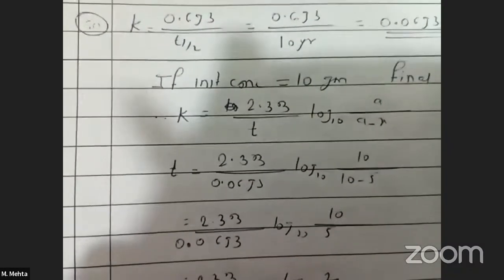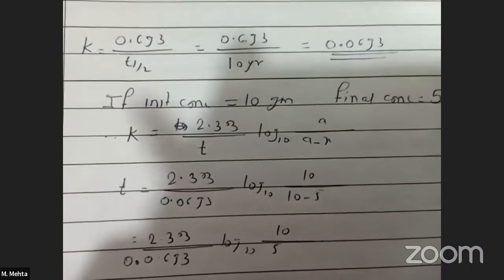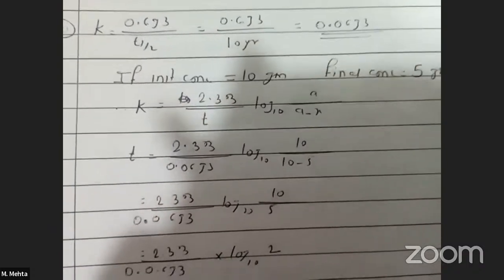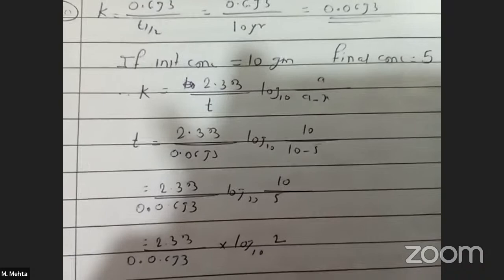So T half is 10 years. So the value of K becomes 0.0693. By using that value of K, we can find the time required to hydrolyze 10 gram of DDT.